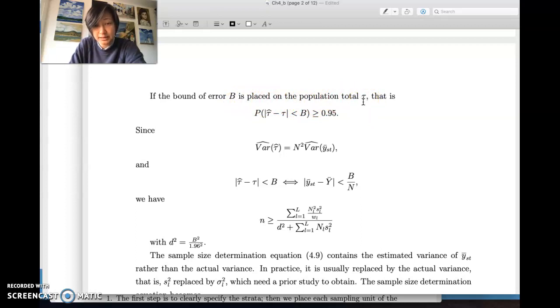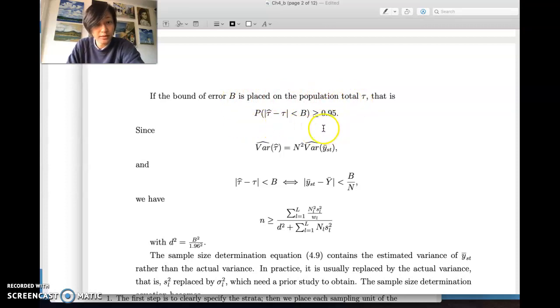It is like assignment question number 3, where I want you to estimate the population total tau, and determine the sample size given the bound of error B on the population total.